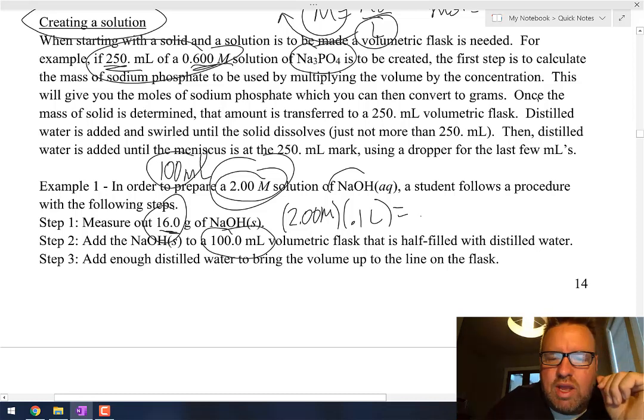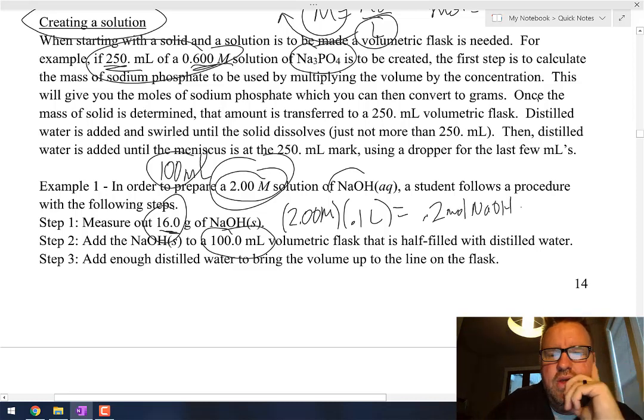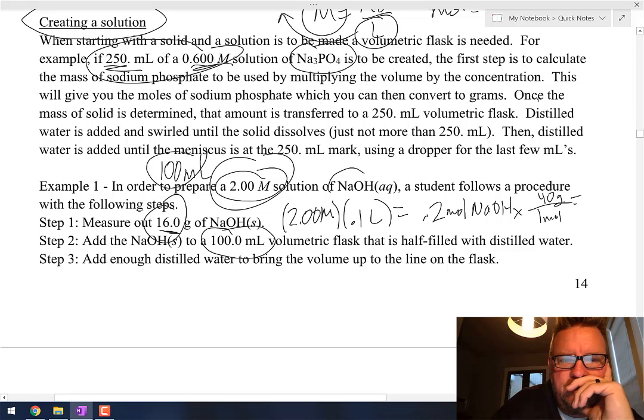Okay, so 2 times 0.1 is 0.2 moles of NaOH. And NaOH has a molar mass of 40, so 1 mole, 40 grams. And 40 times 0.2 is 8 grams.